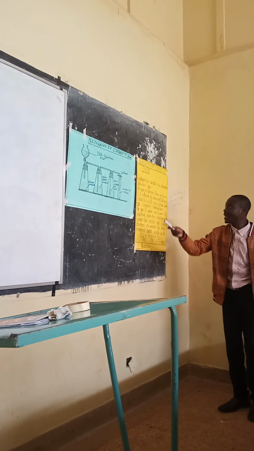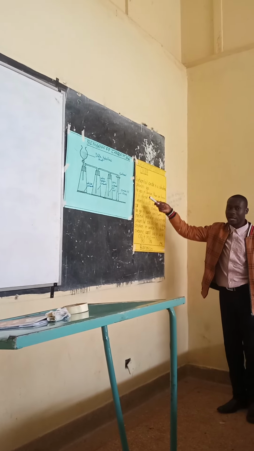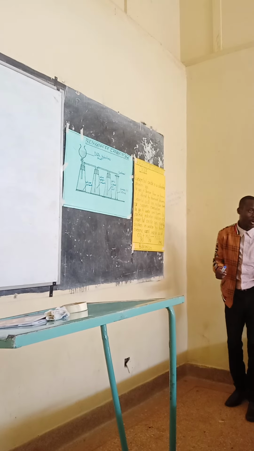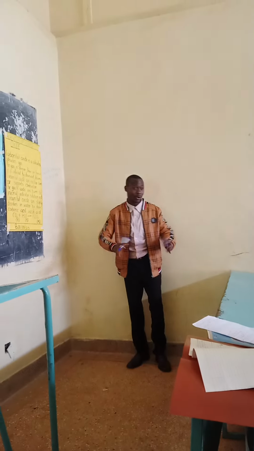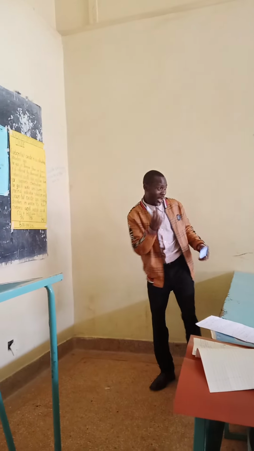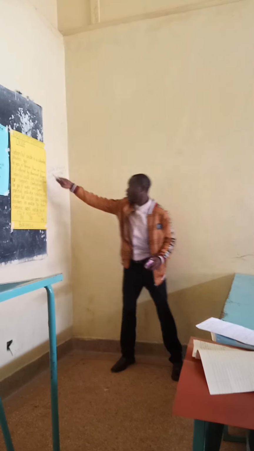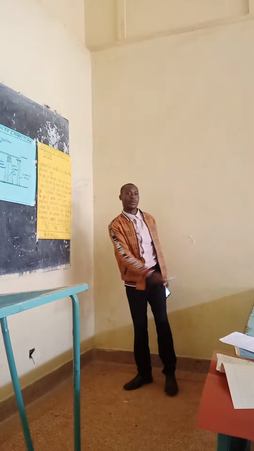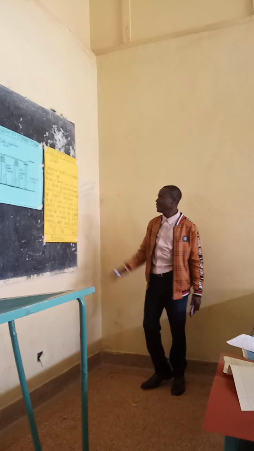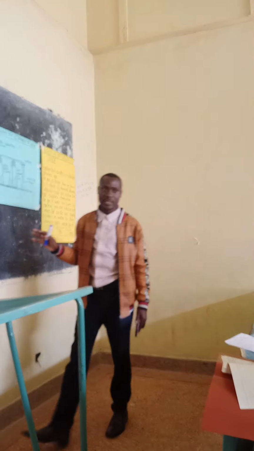So carbon dioxide is a colorless and odorless gas. Odorless means that you can't smell it, because we are using all the senses. We use our eyes because it is colorless, and we use our noses, it is odorless.